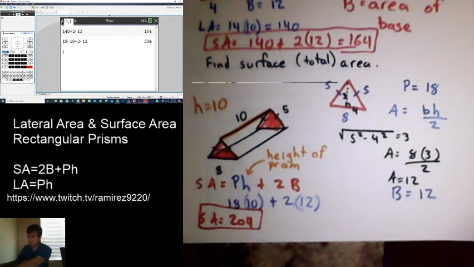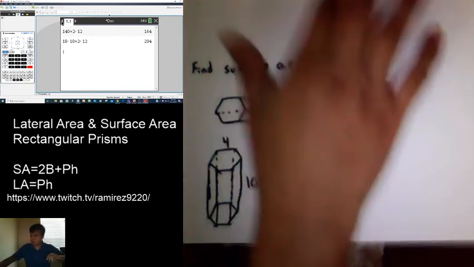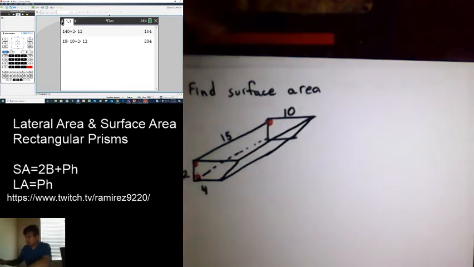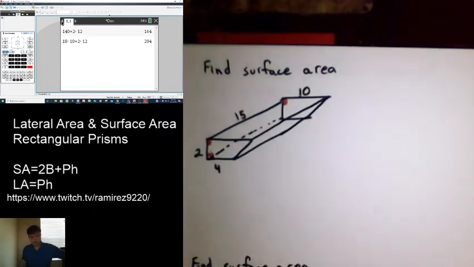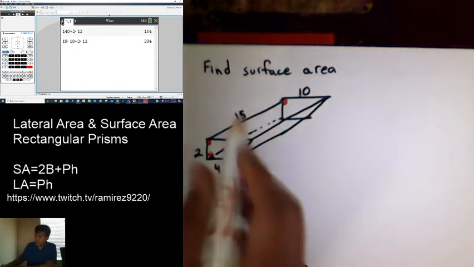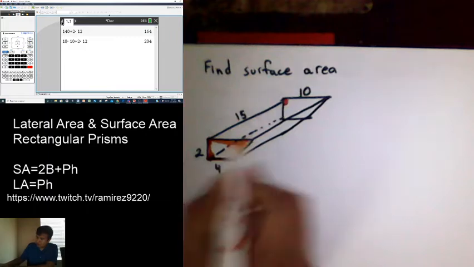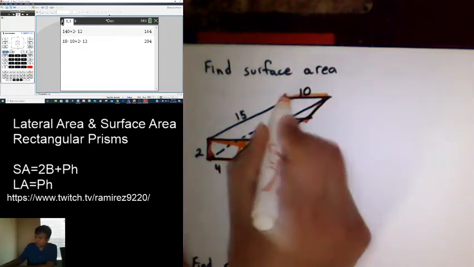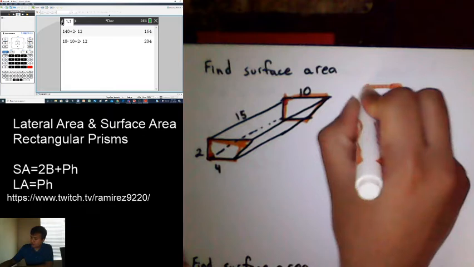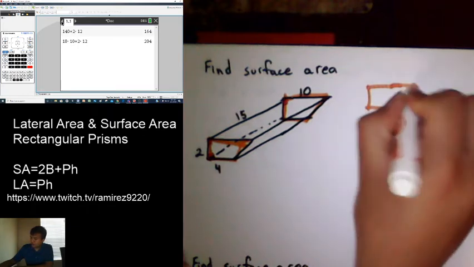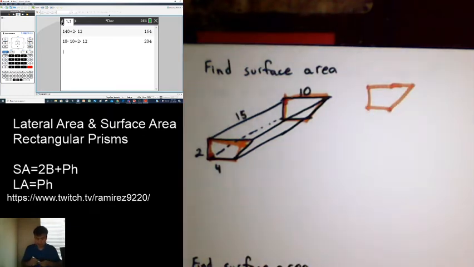Okay, here goes another example for you guys. Alright, so again, if we look at it and we identify the base, our base is a trapezoid.